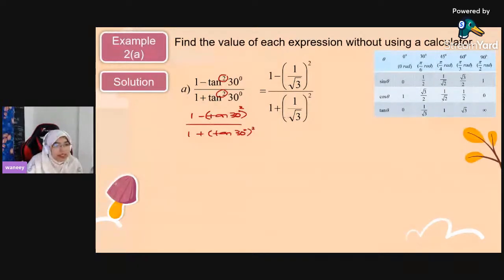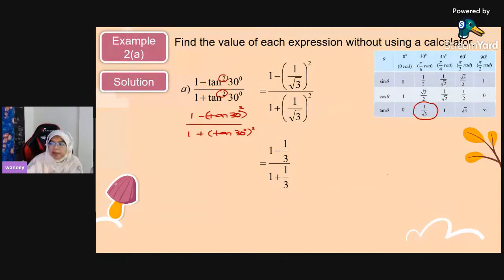And then tangent of 30 degree is 1 over sec 3. So you simply replace, this is 1 over sec 3, and the one below is also 1 over sec 3. And then of course we should square each of them. So 1 square is 1, sec 3 square is simply 3. So we got 1 minus 1 over 3 over 1 plus 1 over 3.